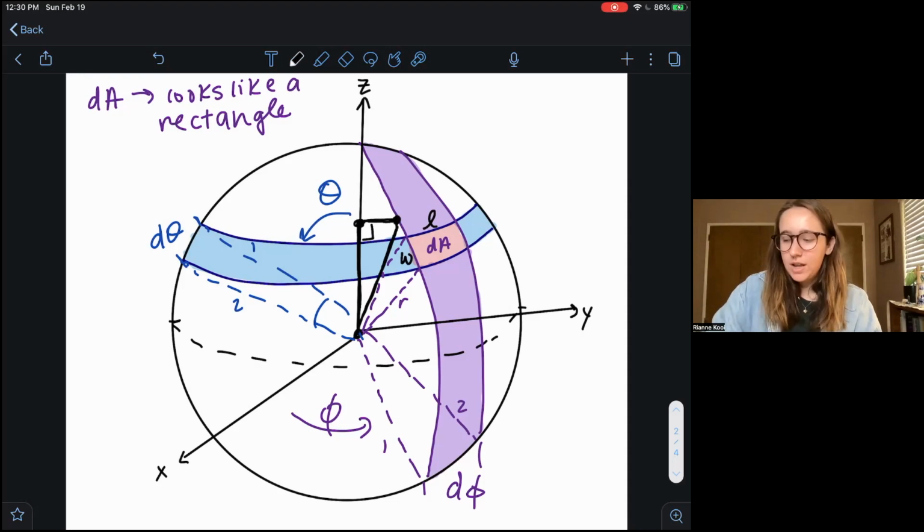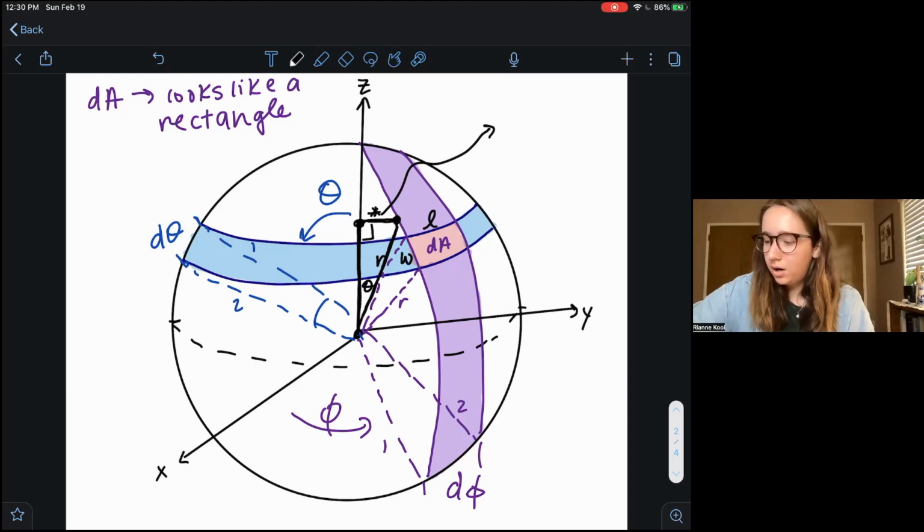So just like before, if we're going from the origin to any point on the sphere, which is exactly what we're doing, this value right here must be r. And again, this value here is theta, right? So it has some r and it's being translated an angle theta. We want to find what this value is right here because it'll be very helpful to us. So that little star, if you can see, is going to be r sine theta.